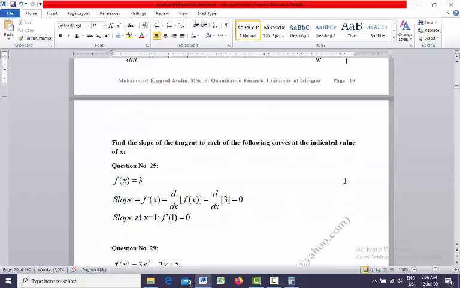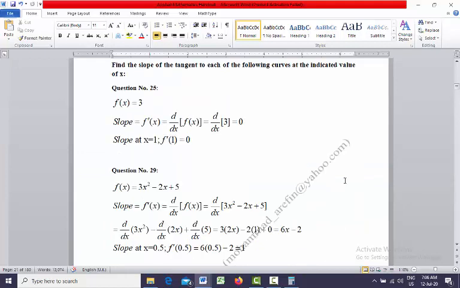From page 20 we will study in the next class, that means from question number 25. From question number 25 we will study in our next class.